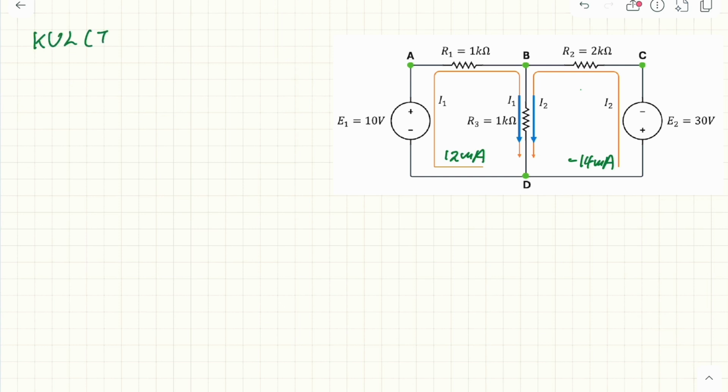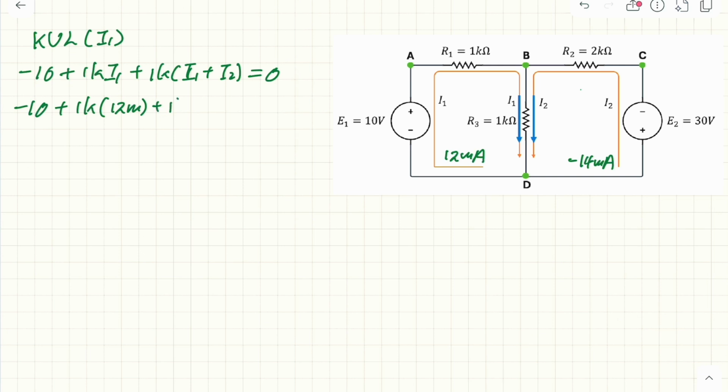Next, let's check the KVL. KVL for I1: minus 10 plus 1K I1 plus 1K (I1 plus I2) equal to 0. And let's check. Minus 10 plus 1K times I1, which is 12M, plus 1K times 12M plus minus 14M.